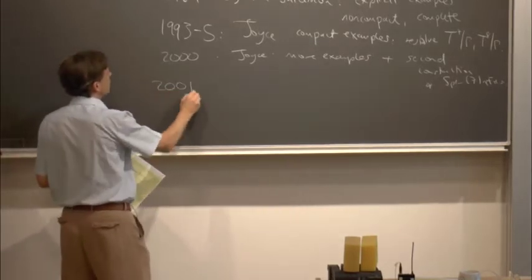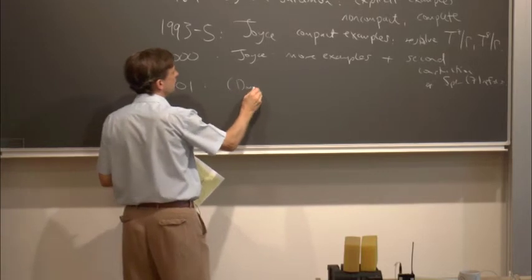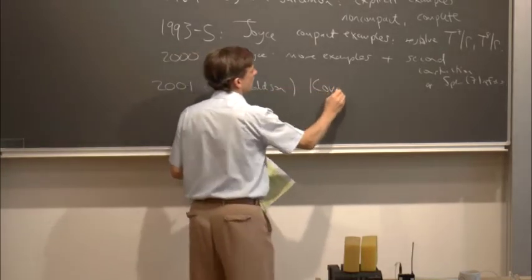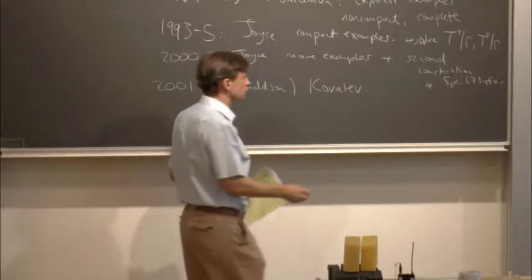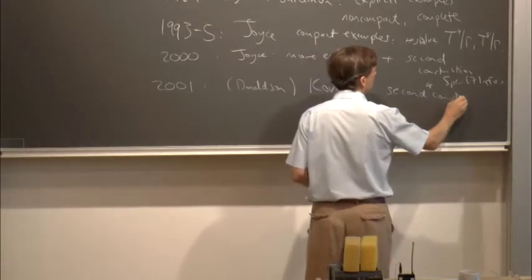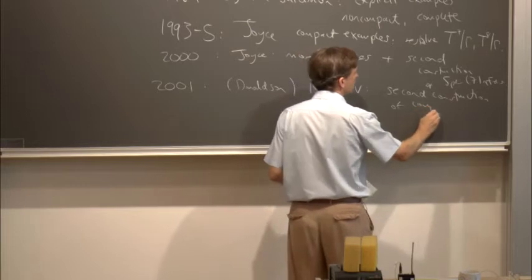So 2001, well, Donaldson deserves some credit too, and Alexei Kovalev, a second construction of compact G2 manifolds.